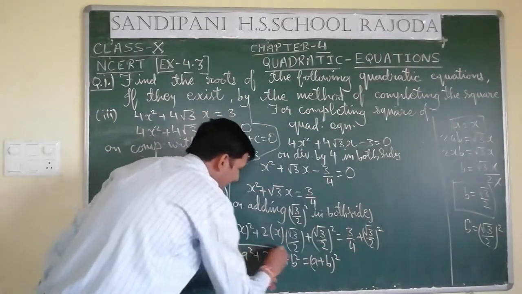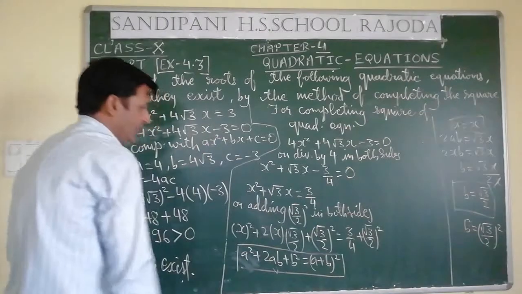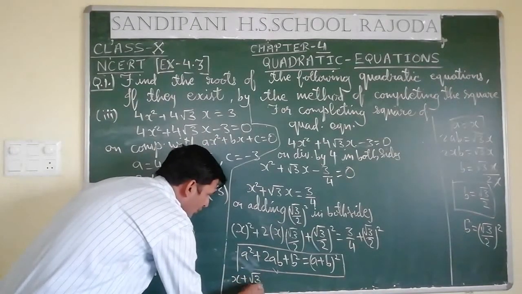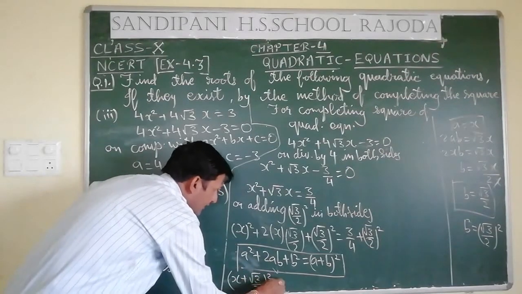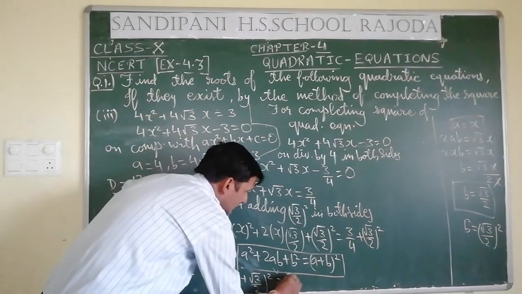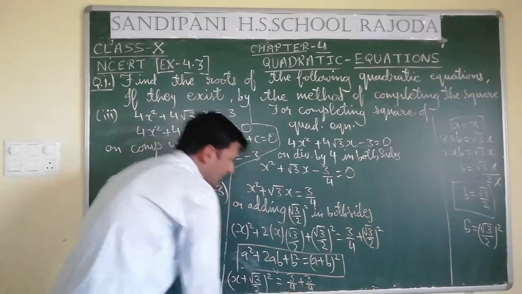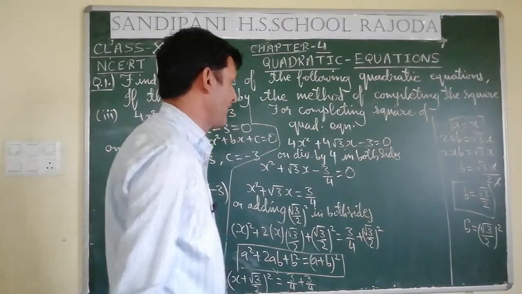So we may write a plus b whole square form now. So it will be x plus root 3 by 2 whole square is equal to 3 by 4 plus 3 by 4. 3 by 4 plus 3 by 4 means 6 by 4.